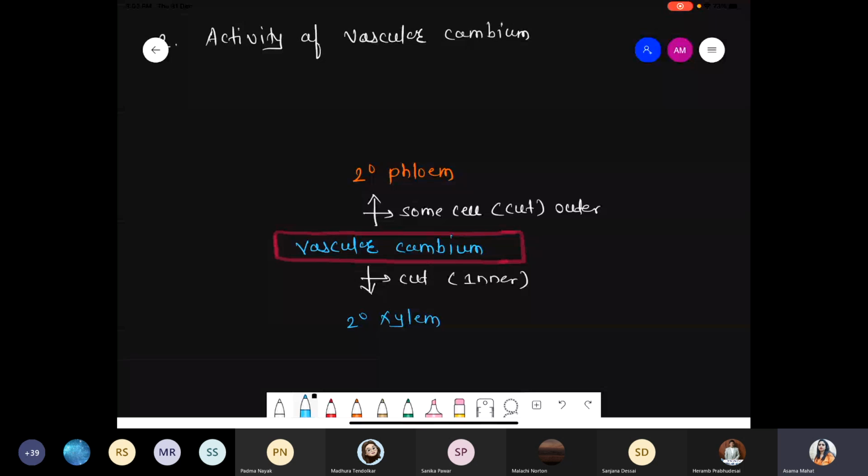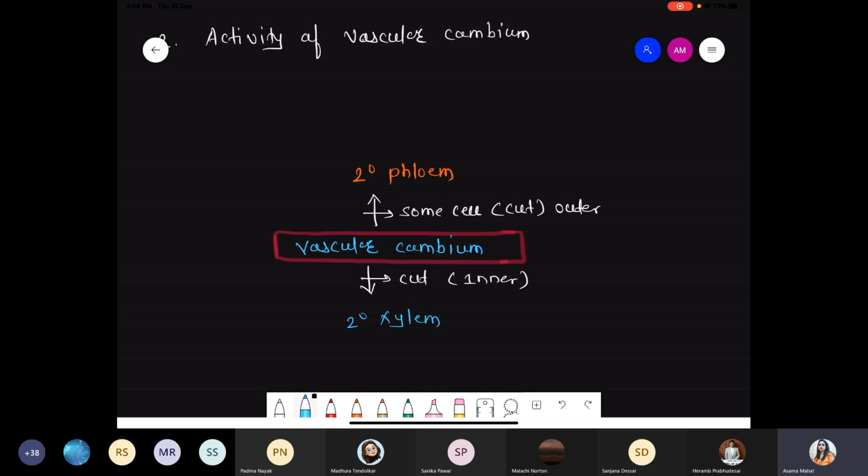They can form new xylem and new phloem, but these are secondary xylem and secondary phloem, because vascular cambium is part of secondary growth. That's why cells cut toward the outer side form secondary phloem, and cut toward the inner side form secondary xylem.